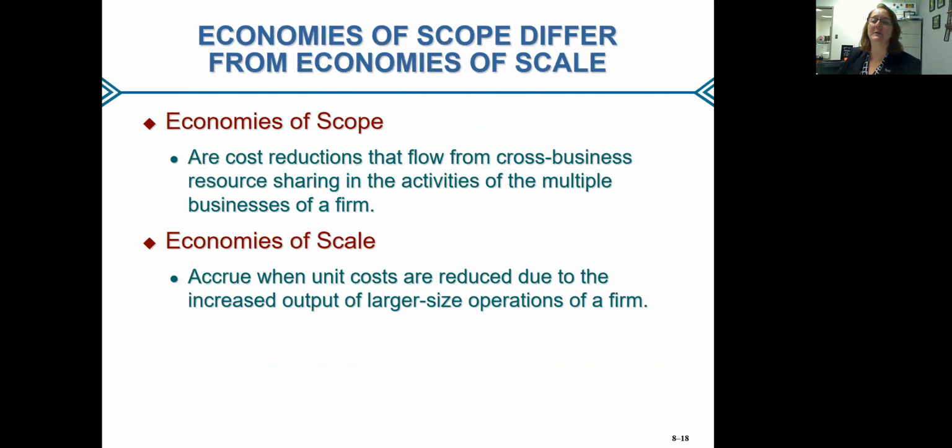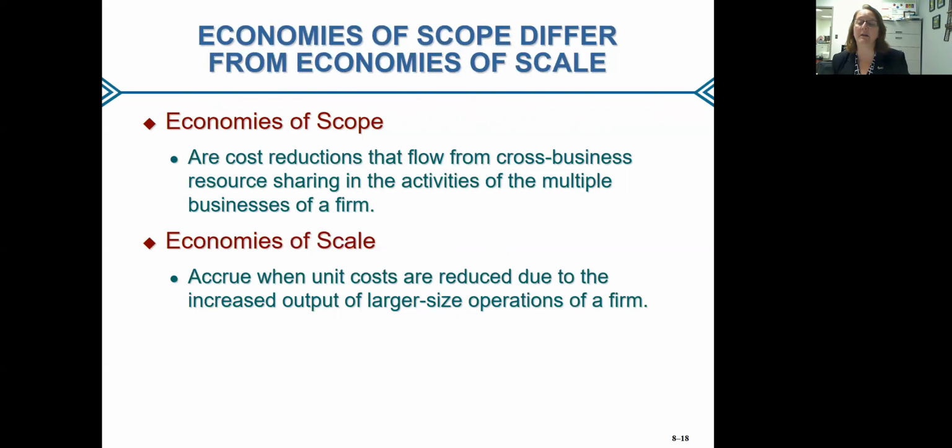So what is the difference between economies of scope and economies of scale? Economies of scope are cost reductions that flow from cross-business resources, from sharing those in the activities of multiple businesses of a firm. So with economies of scope, you have cost reductions because you're sharing activities.